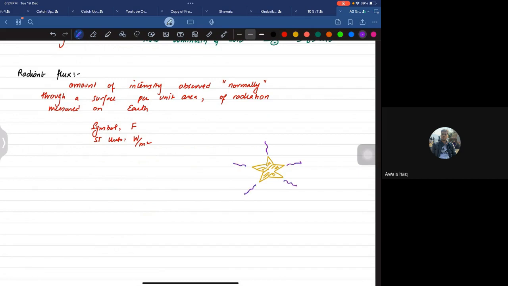Now, back on Earth, which is a small place, the star, from one point, is sending energy in all directions, like that.